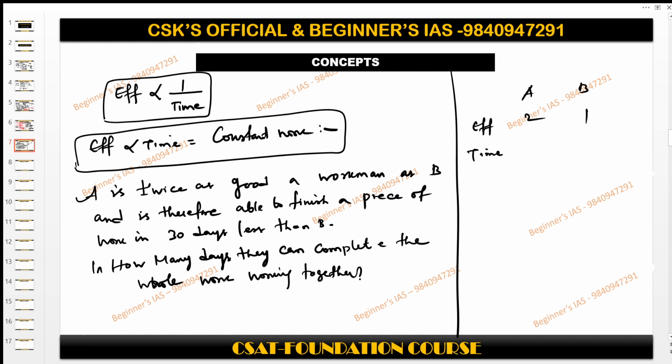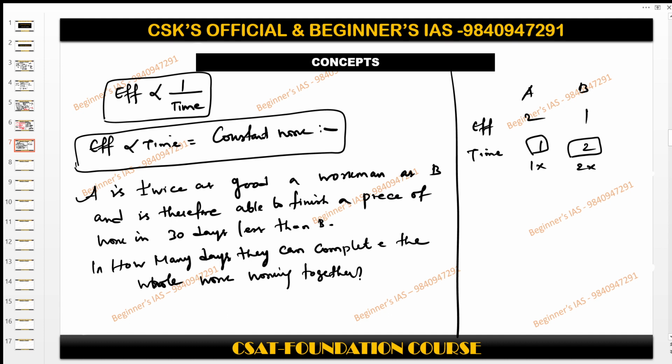Time taken is nothing but the inverse of efficiency. So 1 and 2, simple. Mark it as 1x and 2x, which means that if A takes 1 hour, B takes 2 hours. If A takes 2 hours, B takes 4 hours.